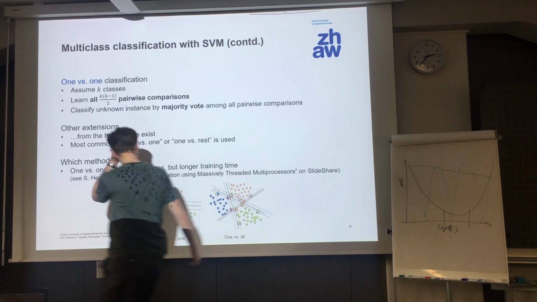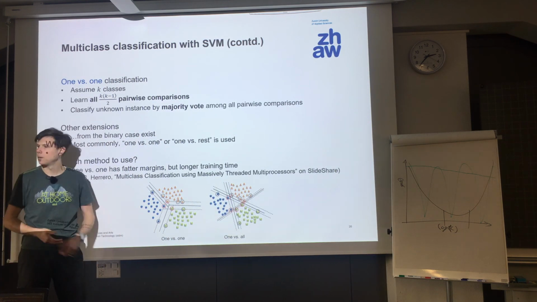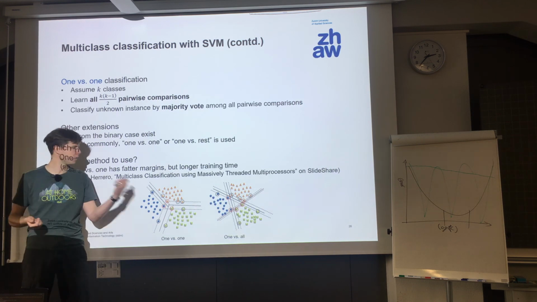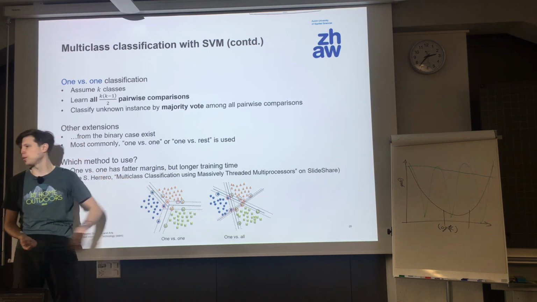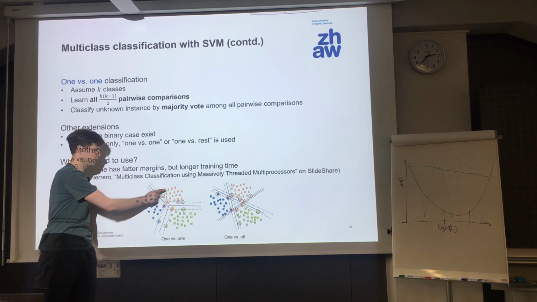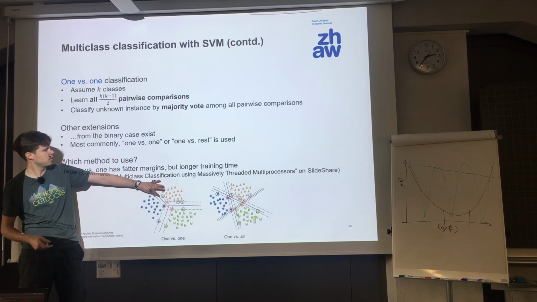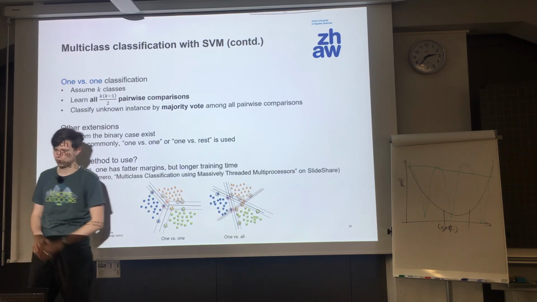On the other hand, if you build a one versus one classifier, that's computationally more costly. In general, when you have more than 3 classes, you have to build more classifiers, but they will have a fatter margin. Because to build this line, you just have to regard the orange and the blue. Green plays no role here. That creates a larger margin between these two, and the same for all the others.